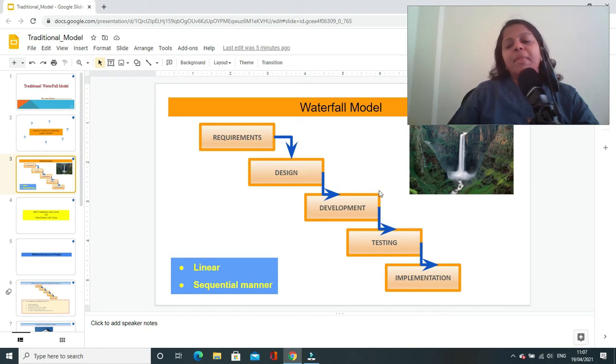And after your product is completed or it is constructed, you will put it for testing, and your product will be tested by some dedicated team like QA team or SQA team.